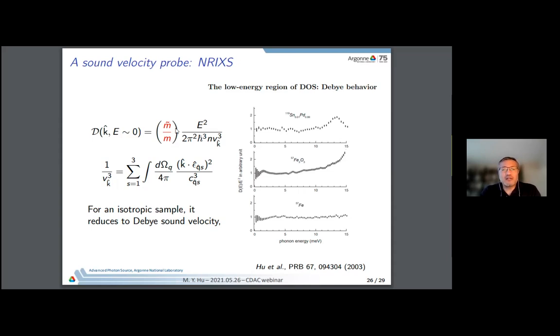So this ratio. From this formula, you can already see this low temperature behavior doesn't depend on a lot of details of your dynamics, which means whatever the sample is doesn't really matter. If you just measure the whole spectrum, properly normalize it, and get the low temperature part, you can derive a velocity of the solid.